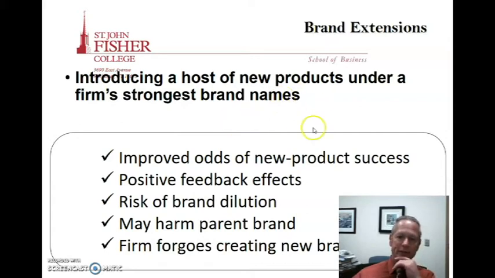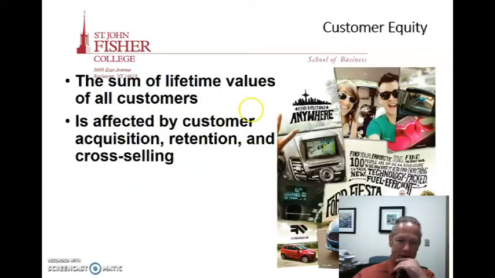However, there is a risk of brand dilution. If you get into too many products, the brand actually loses its identity. That's why, because somebody like Unilever or Procter & Gamble have so many brands, they're afraid of brand dilution, so each one had its own separate individual brand so that they wouldn't have brand dilution. So that's part of that also.